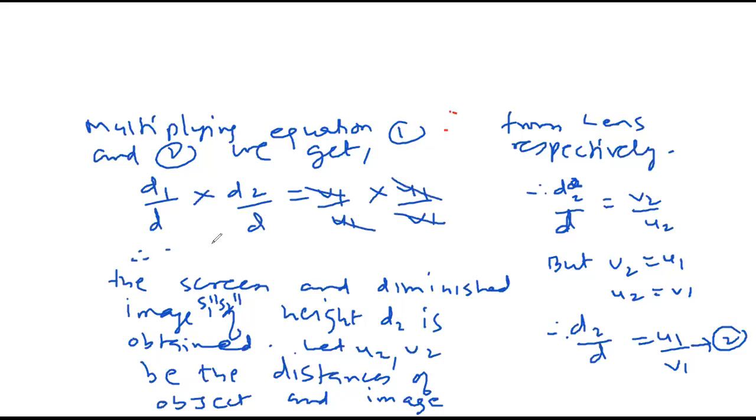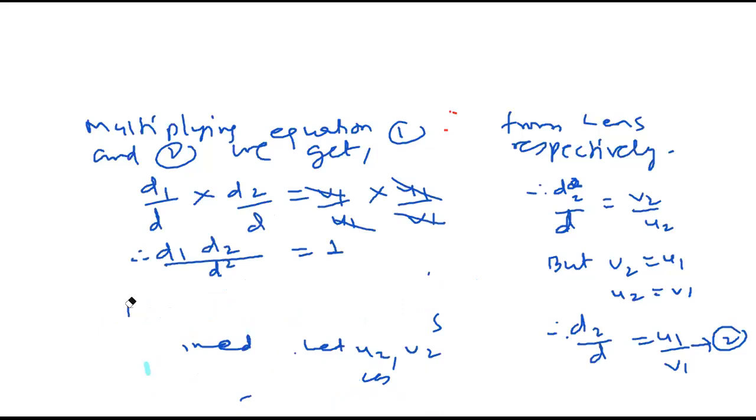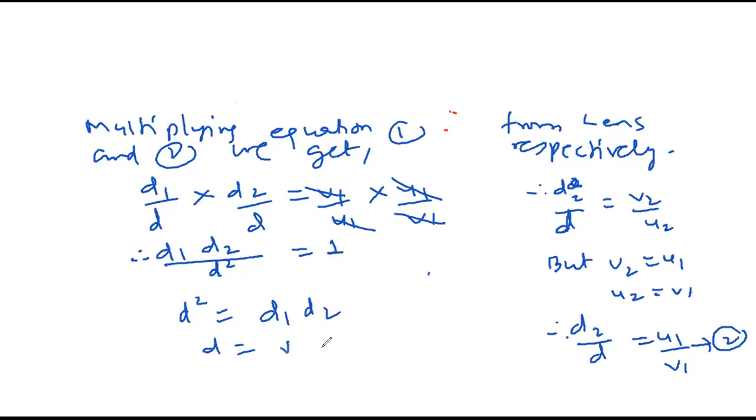So therefore D1 D2 upon d square equals 1. So d square equals D1 D2, d equals root of D1 D2.